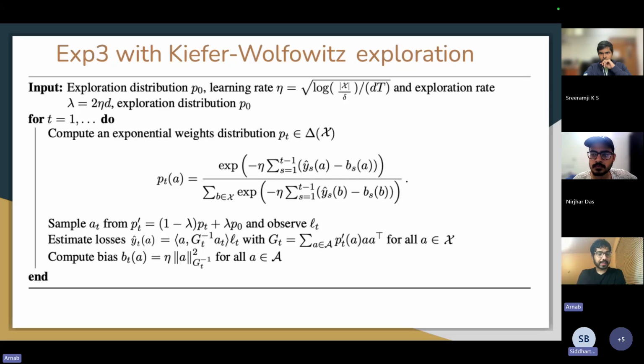If you are happy with just expectation, then there's this paper by Ella Dozen on volumetric spanners which does this exponential weighted thing in an efficient manner, but they're able to do it because they're leveraging the fact that in the exponent there's a linear term here. But the moment you add this term which is at least quadratic, I don't know of any method that achieves a good efficient implementation.